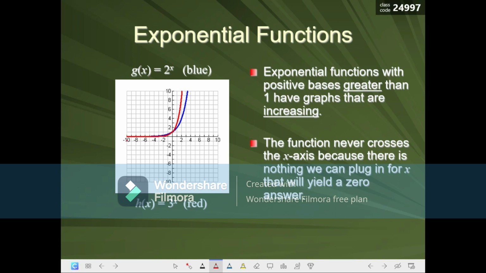So this is our x-axis, the horizontal line. And always remember that this function never crosses the x-axis. It looks like it crosses, but it actually does not. It's only asymptotic to the x-axis.